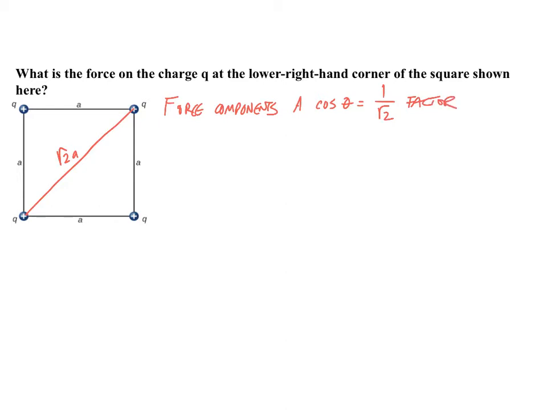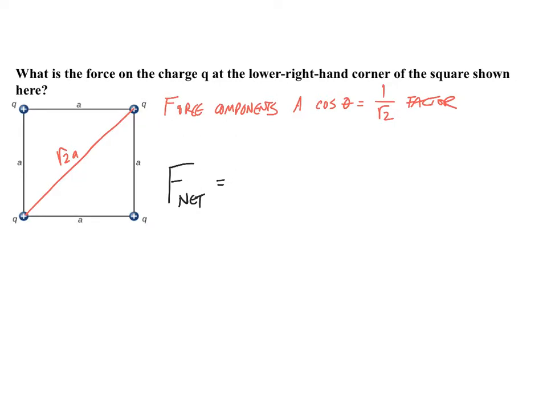We just kind of know that in advance from the geometry. And so the net force, I'm going to set this up. This is going to equal X and Y parts.